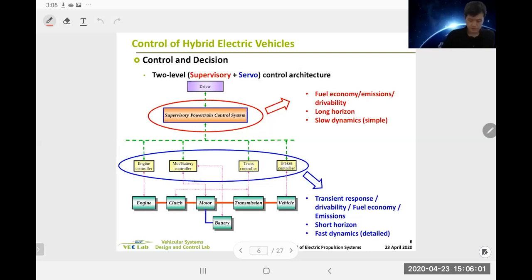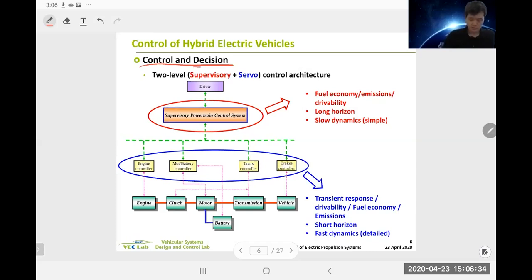For a hybrid electric vehicle, in this course, this is what we are going to focus on: control and decision. Usually control refers to low-level control, feedback control kind of things.